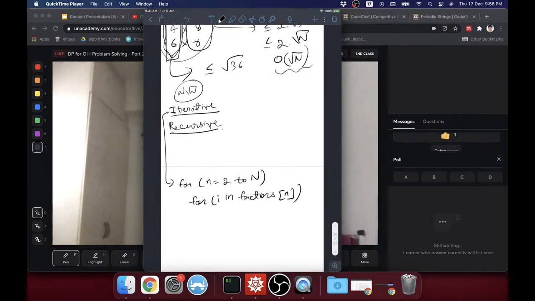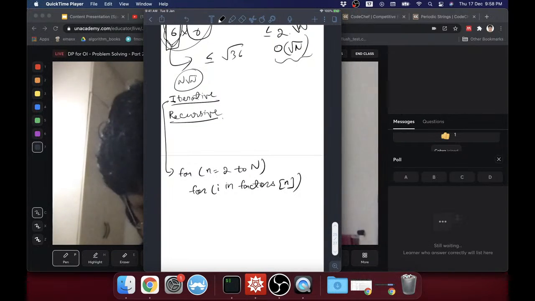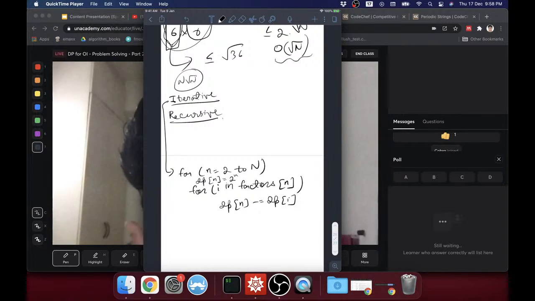So let's say factors n is a list. Let's say dp, I'm just writing the rough code. dpn looks like 2 to the n, and then you do dpn minus equal dpi. That's it. That's your iterative code roughly.